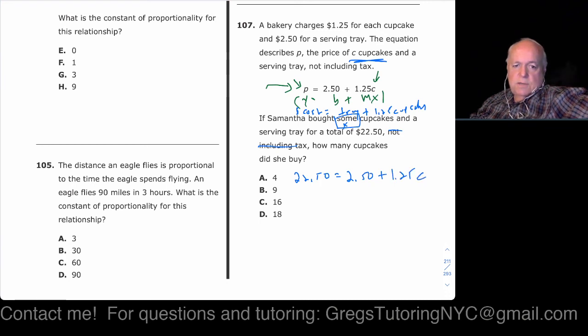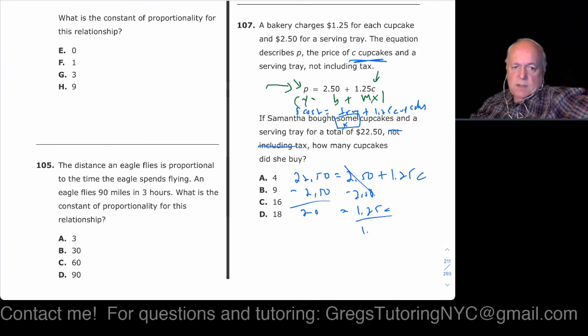We're going to subtract $2.50 from both sides. That goes away, and we end up with $20 equals 1.25C. Divide both sides by 1.25.